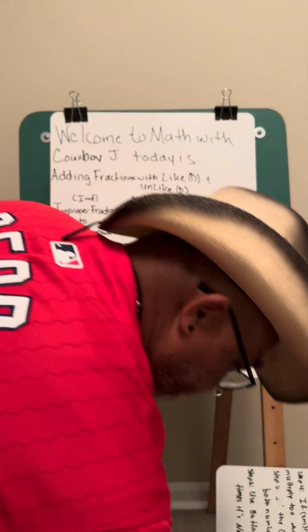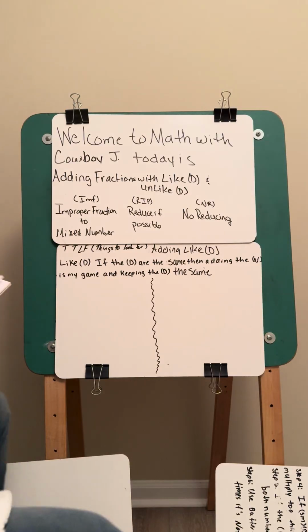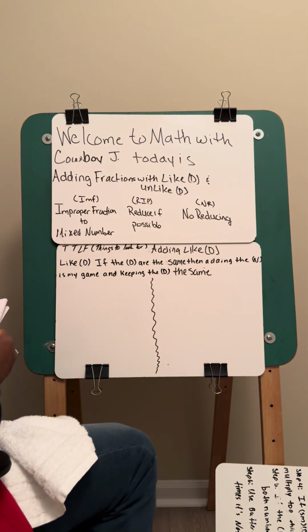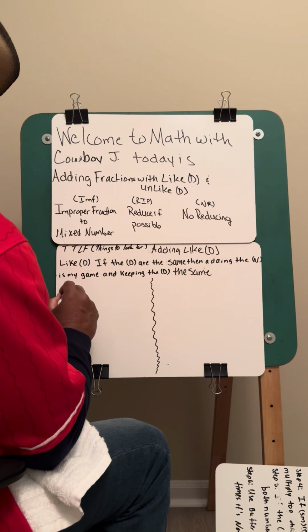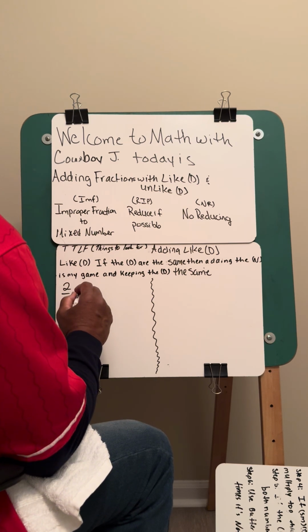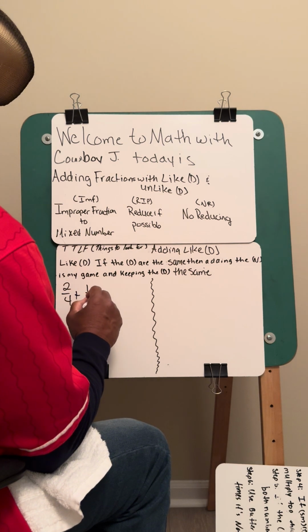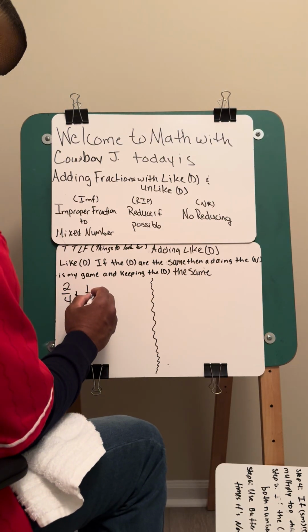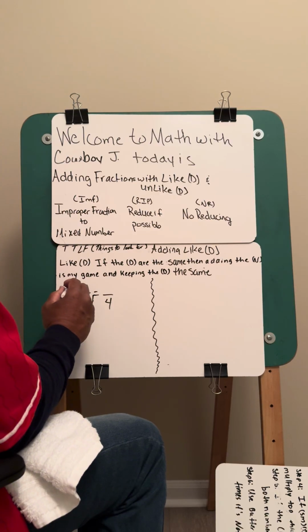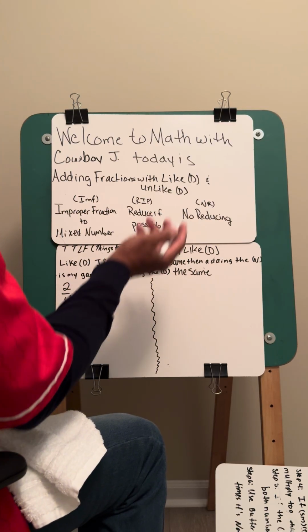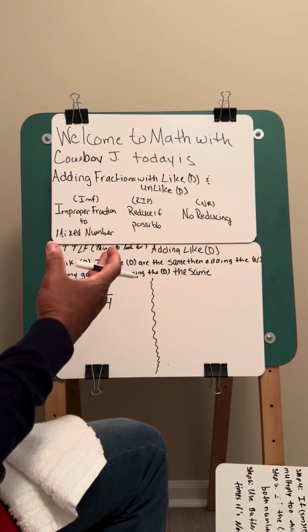That's fairly simple when you have like denominators. So if I was adding 2/4 plus 1/4, again, my denominators are the same, so just add the numerators would be my aim.